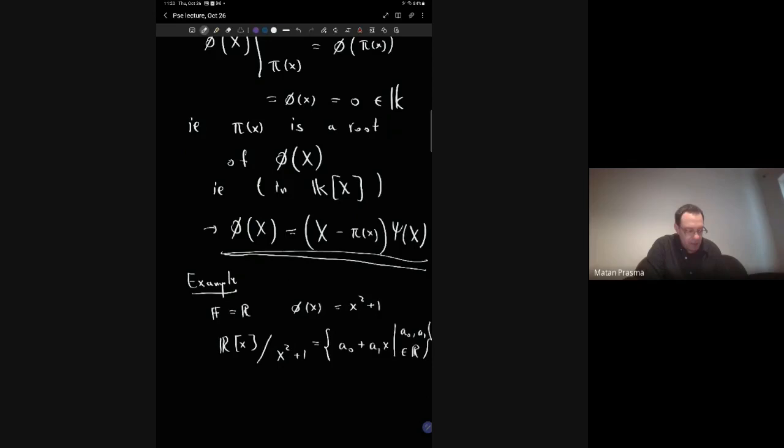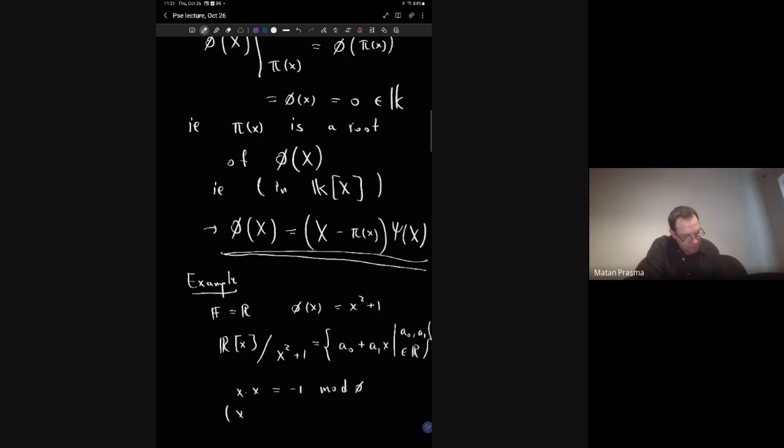And now I consider the element x in this set, and if I do x squared, or x times x, then this is equal to -1 modulo phi, right?